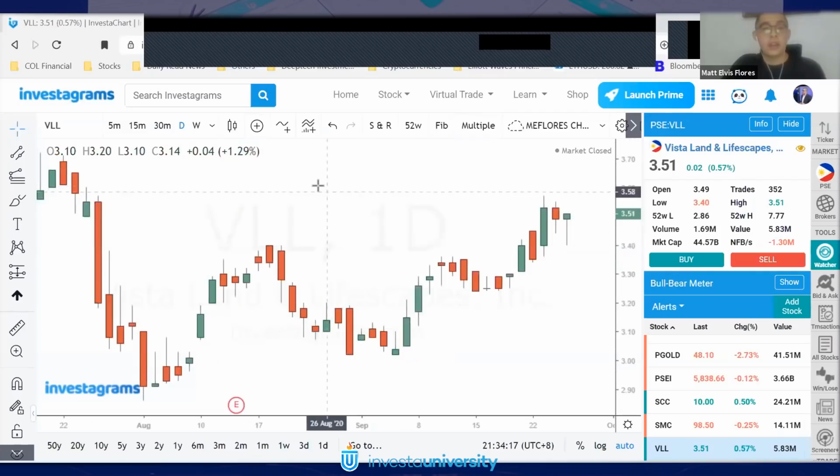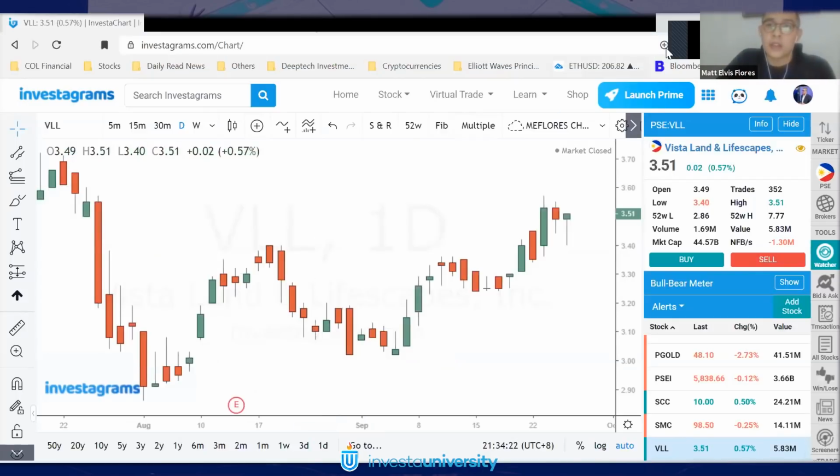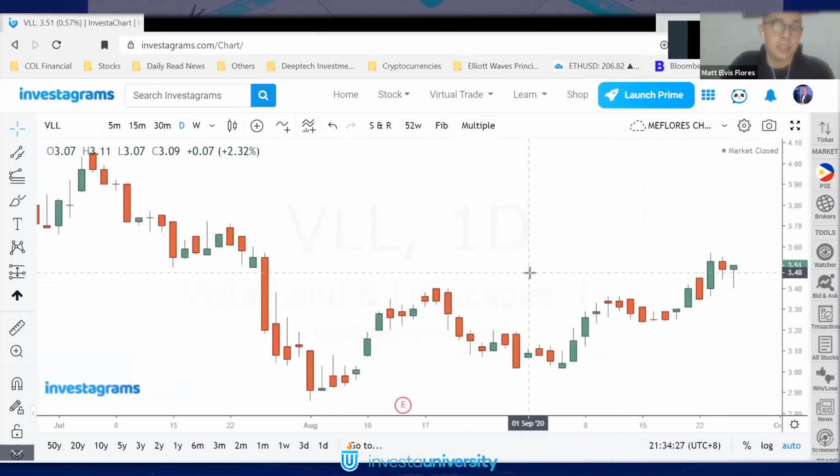So let me first stop sharing and share my charts. So yan. I hope you guys can now see my screen. So let me add, 'di ba? Currently, what you can see now is basically the price movement. So this is very important, kasi if ever you're solely relying on the indicator on your trading journey as a starter, as a beginner, then that's a problem.